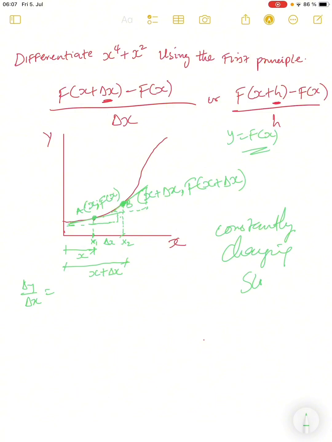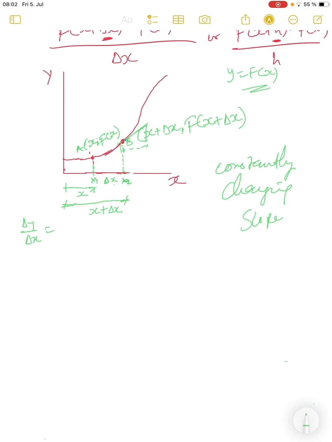Now we can obtain the slope between point A and B by drawing a straight line joining A and B, so that when we take the slope, we can say that delta y over delta x is equal to y2 minus y1 all over x2 minus x1. But this is just a mere approximation, because this straight line is not exactly along the curve. If we must obtain the actual slope, we have to take it at a point on the curve.